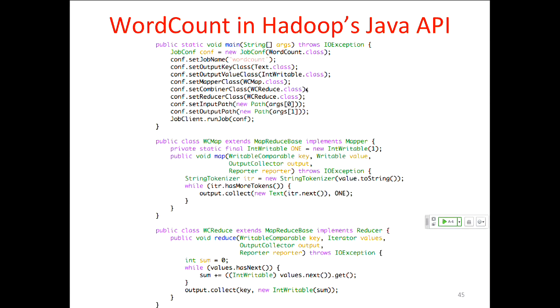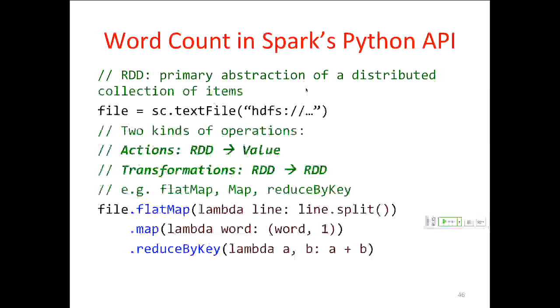If you had to do projects using these APIs, it would be terrible, right? Thanks to Spark, it's done very cleanly, okay? It's very short, right?